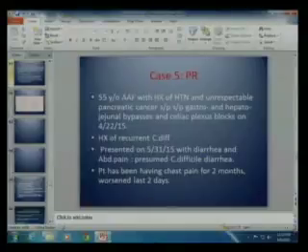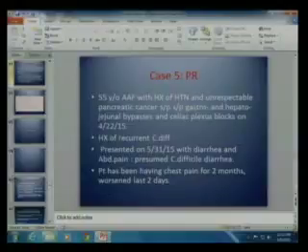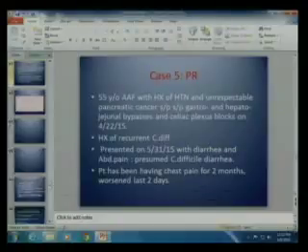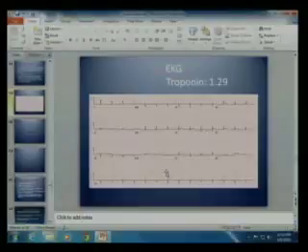So she presented on 5/31/15 with diarrhea and abdominal pain, and this was due to C. difficile, and at the same time she had some chest pain for 2 months, which got worse 2 days before cardiology was consulted. So this is the EKG.